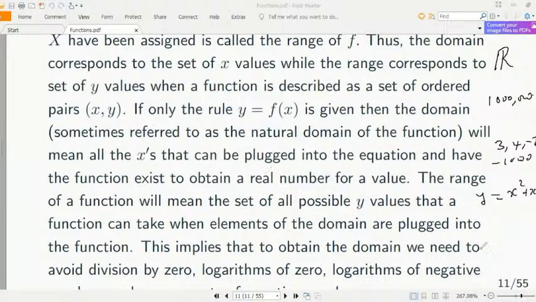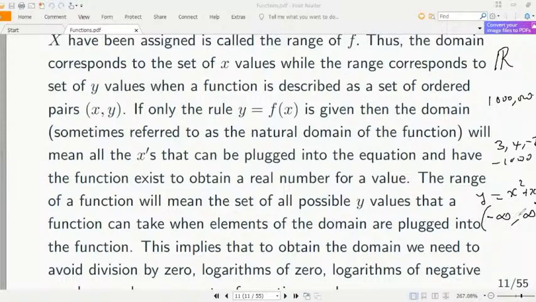Or if you want, you can say the domain will be all the numbers from negative infinity to positive infinity. And I'm using these brackets to mean that negative infinity is not included and positive infinity is also not included. But all the numbers in between will form the range.